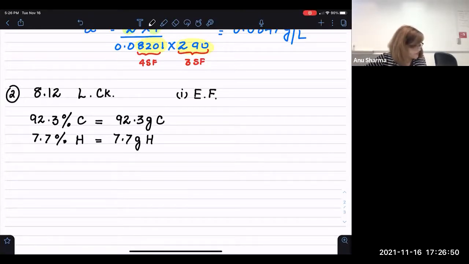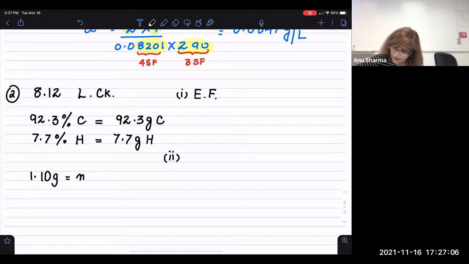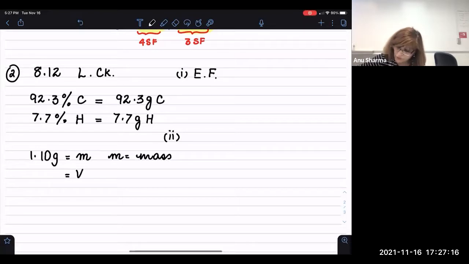Second, if you are given 1.10 grams of acetylene, which is the name of a gas, occupies a volume, the small m is equal to mass, and the volume is equal to 1.0 liters at 1.15 atm, which is the pressure, and the temperature given is 59.5 degrees Celsius.